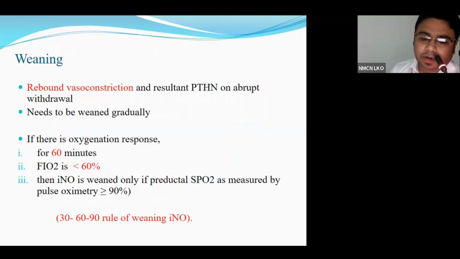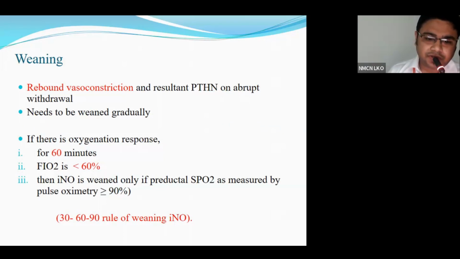So how do you wean? You can just remember two rules. The 20-20-20 rule is for initiation. Initially the rule was 60-60-60, but after the research from Professor Satyan in 2015, the rule has changed to the 30-60-90 rule.